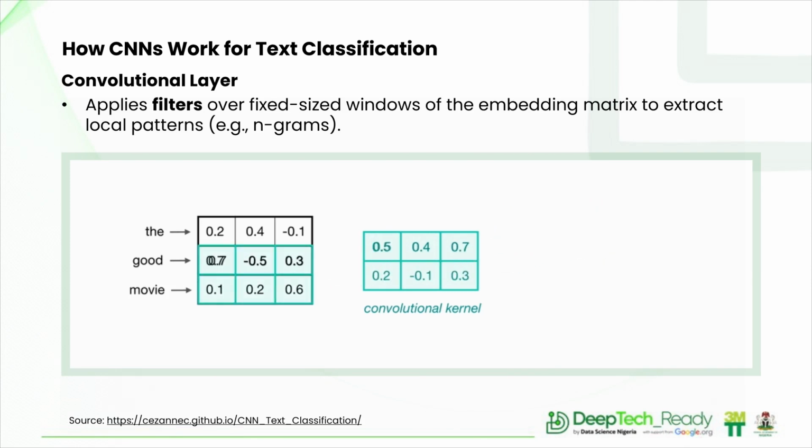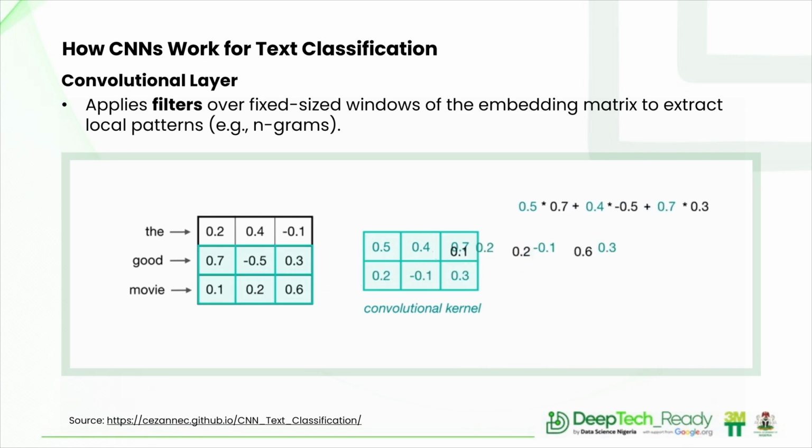In the slide we have a toy example that shows each word encoded as an embedding with 3 values. "The", "good", "movie", each has 3 values. However, this will usually contain many more values, but just for ease of visualization, we restrict it to 3. So to look at 2 words in this example sequence, since we said we are using 2-grams, isn't it?